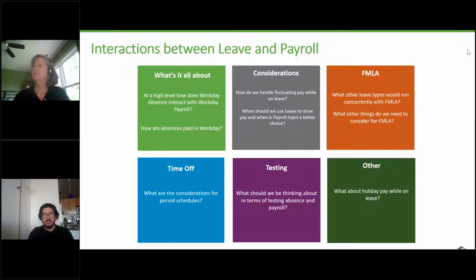So one scenario we see is they'll be placed on a single FMLA for the entire duration of their leave, but that will be broken up into multiple segments of other leave types, whether it's other disability or personal leaves that might vary in pay over the course of their absence, in which case that would be handled via multiple leave types or pay inputs that would overlap with FMLA.